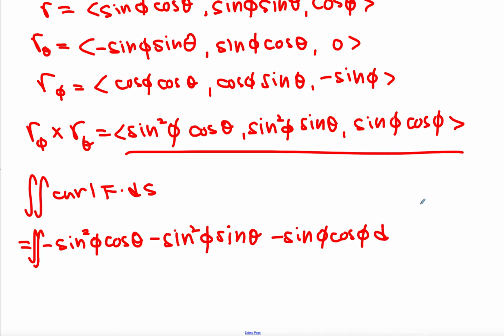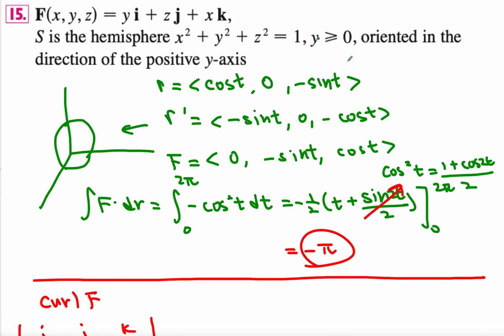That's basically what we end up having. So I can just put it as d theta d phi, from 0 through pi in both cases, because we're only looking at y being positive.